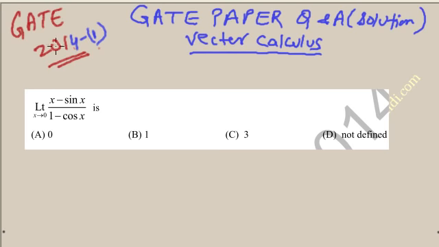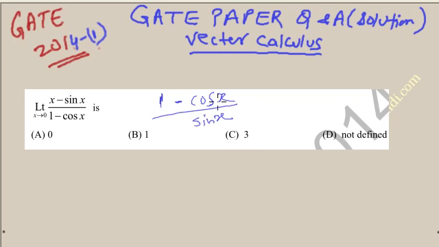Here is the question for GATE 2014, first paper, first session. Use L'Hospital's rule, differentiate it, you will get 1 minus cos x divided by sin x.